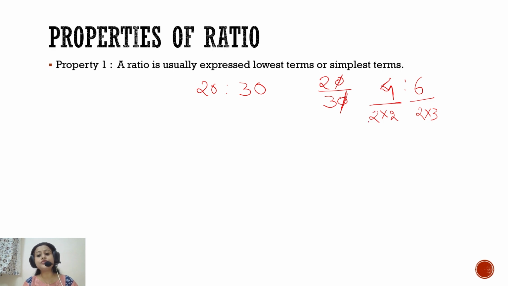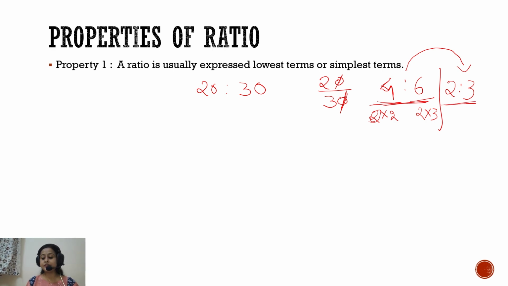So here it is 2, so we will divide by 2. 4 divided by 2 gives 2, and 6 divided by 2 gives 3. So the simplest form or lowest form of this ratio 4:6 will be 2:3. Generally we always express a ratio in its lowest terms or simplest terms.